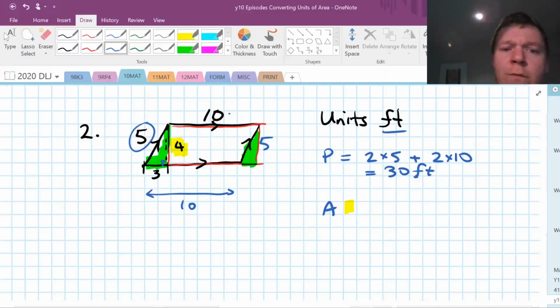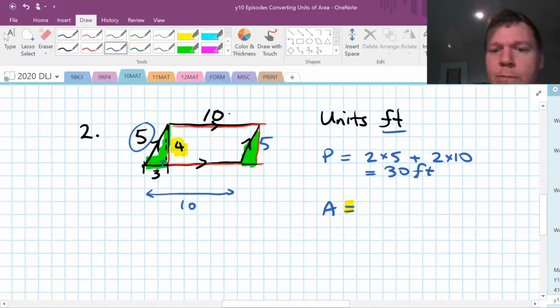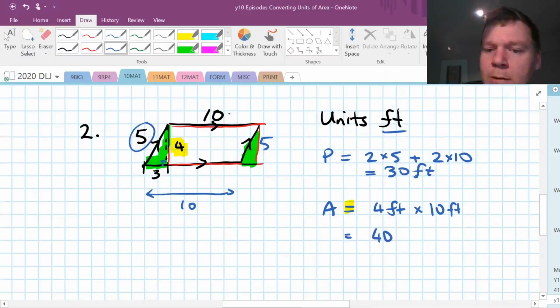So that's why we use the 4 and not the 5. 4 feet times 10 feet equals 40 feet squared.